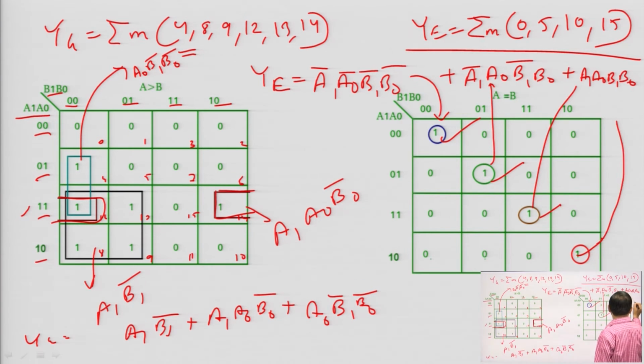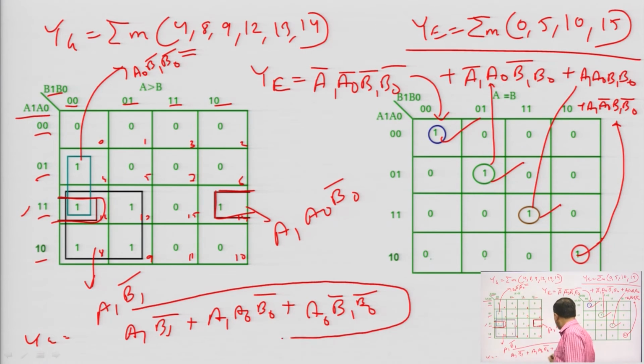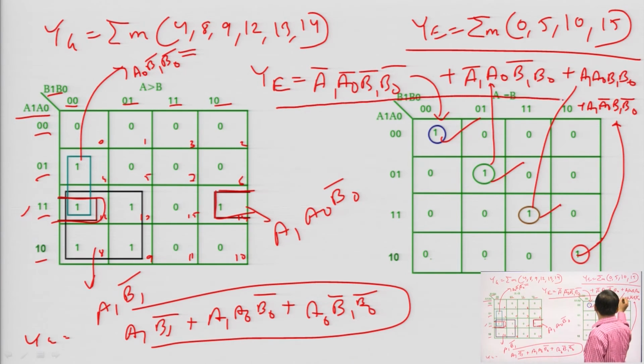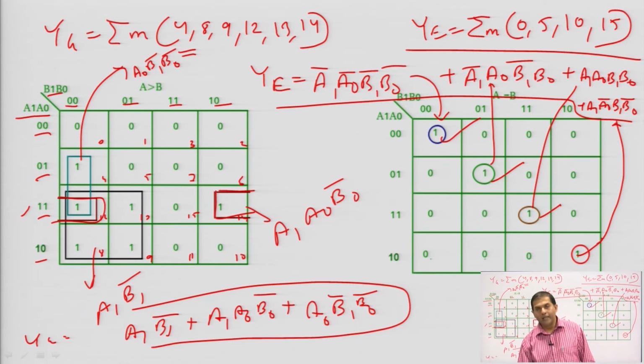And this last one is nothing but A1 A0 bar B1 B0 bar. Okay. So, here this is for y greater and this equation for y is equal to. Okay. Got it? Now, what is left?